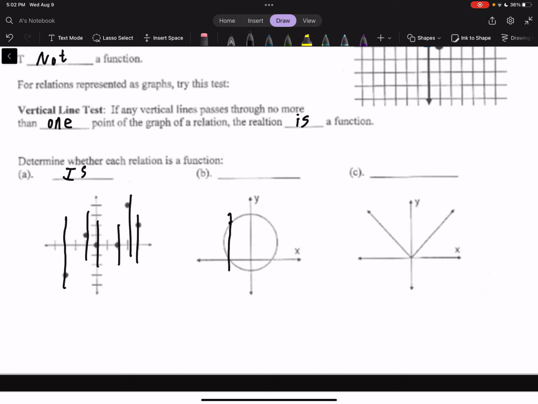It touched 2 places, here and here. Not a function. Absolute value function here. And I just gave it away by calling it a function, but no matter where you draw the line, it'll only hit a point at 1 value. So this is a function.